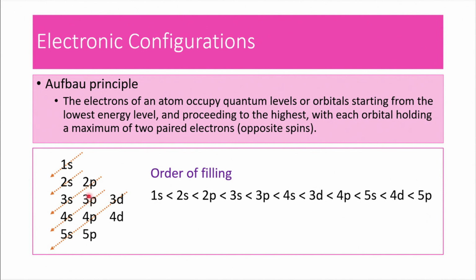So, after filling the 3p orbital, we move on to the 4s orbital, and then we fill the 3d orbitals. After the 3d orbitals are filled, we move on to the 4p orbital, then the 5s orbital. So, this is how the order of filling is followed according to the Aufbau principle.